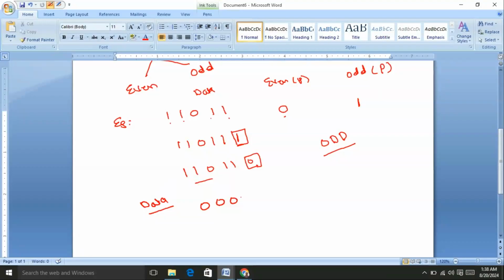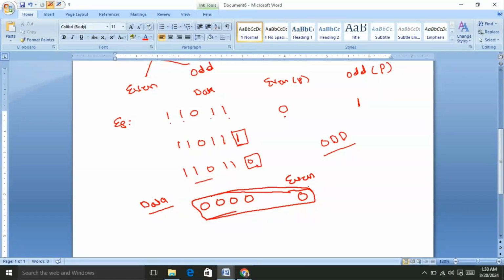Now the even parity bit is again 0, but there is not a single one in the entire information, hence we are unable to determine that there is an even number of ones.